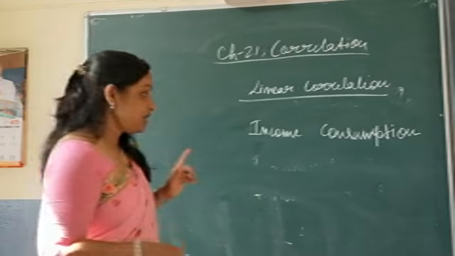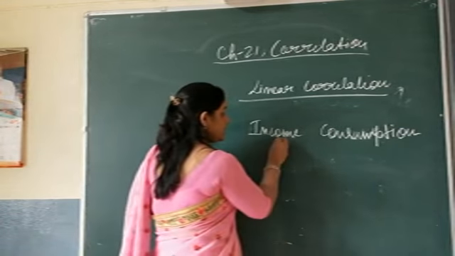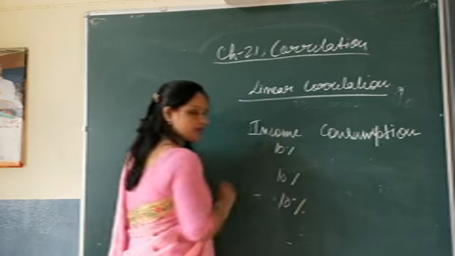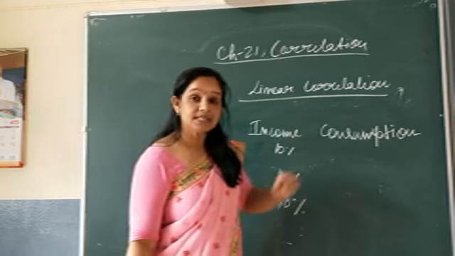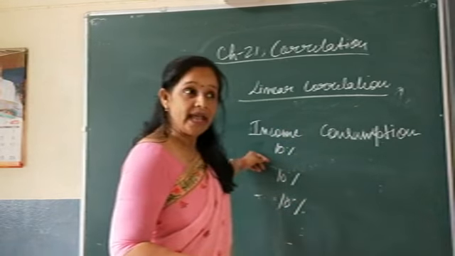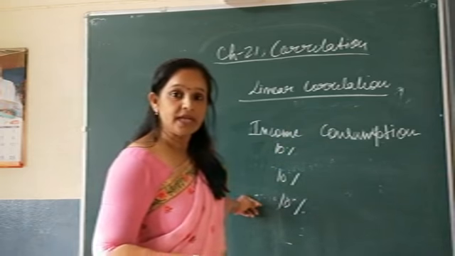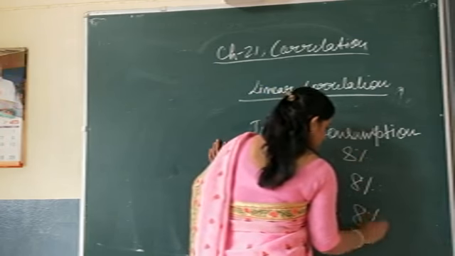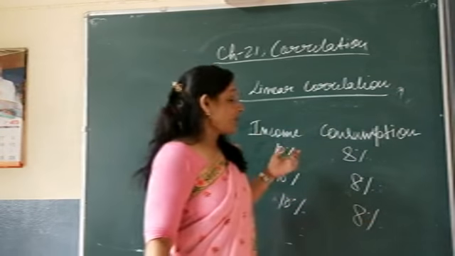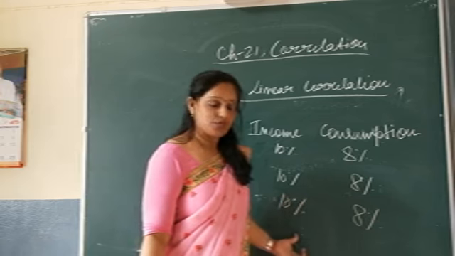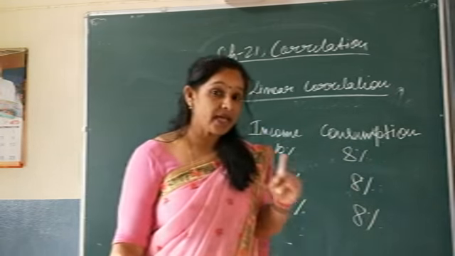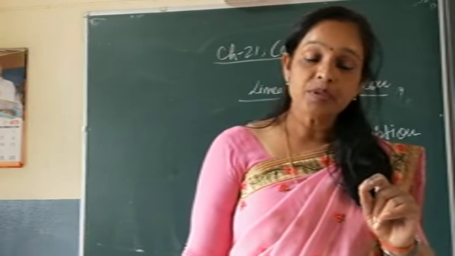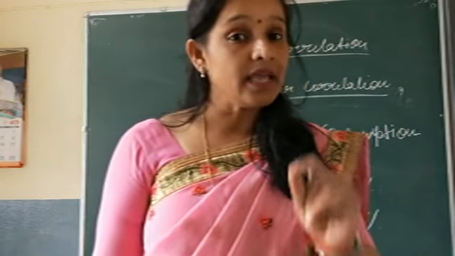But if every time income is increasing by 10%, consumption is also increasing every time by 8%, it means the increase in income is constant, 10% every time, and the increase in consumption is constant, 8% every time.